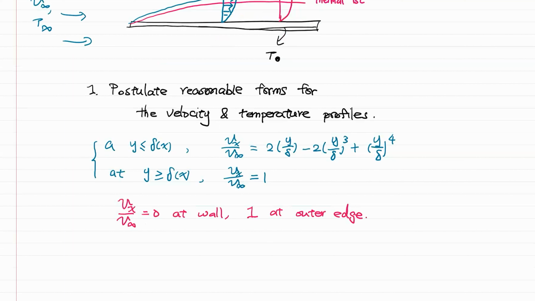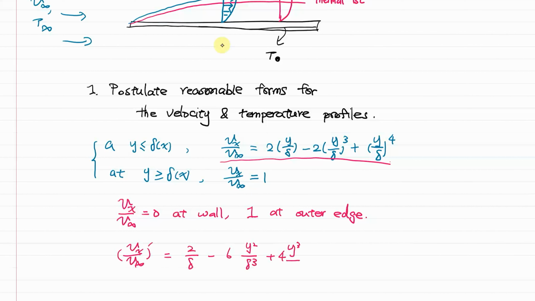Let's take a look at the first derivative of this equation. Taking the first derivative of Vx over V infinite, we have 2 over delta minus 6y squared over delta cubed plus 4y cubed over delta to the 4th power.